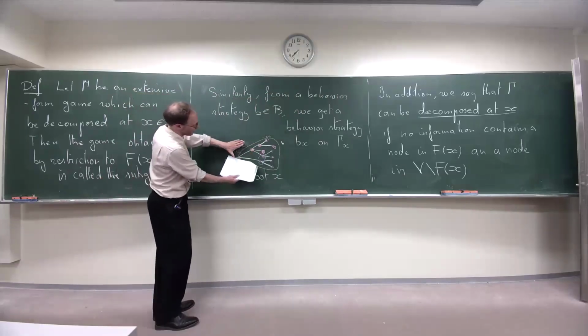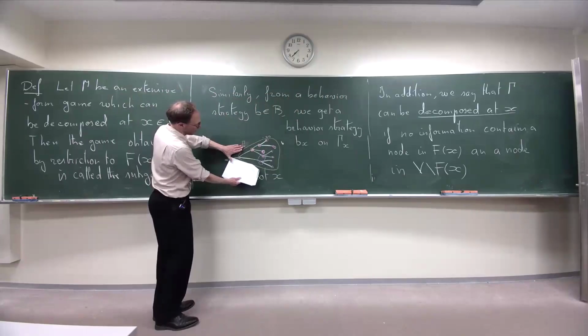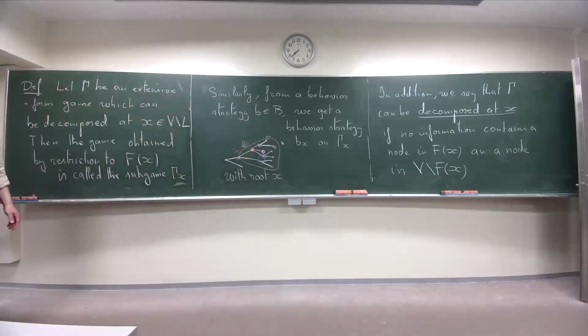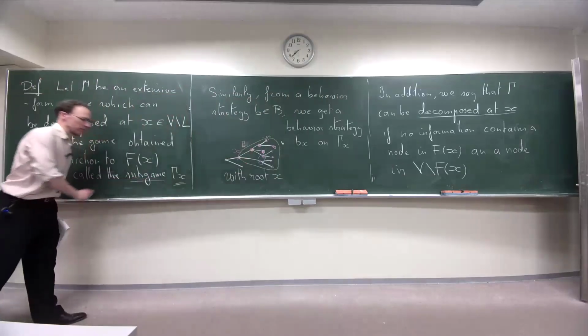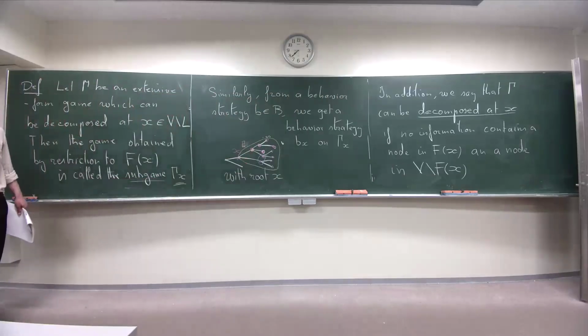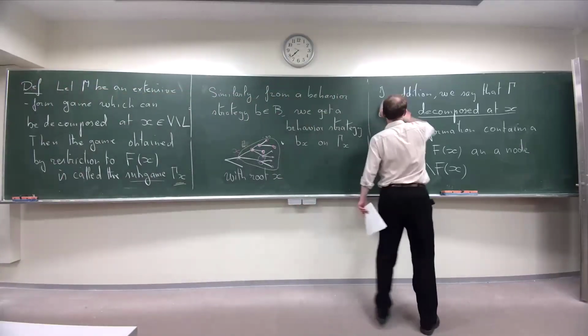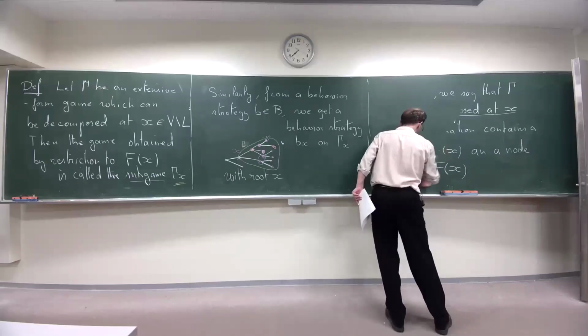Now, if you restrict your attention to part of this figure, you still have a behavior strategy on this subgame. Nothing complicated here. And now we can give a better definition for some Nash equilibrium.